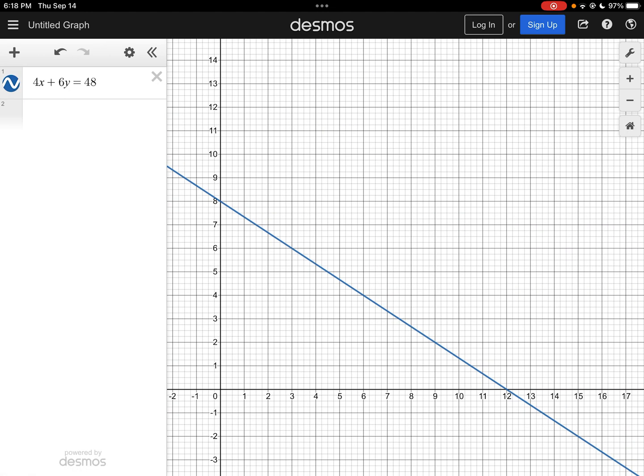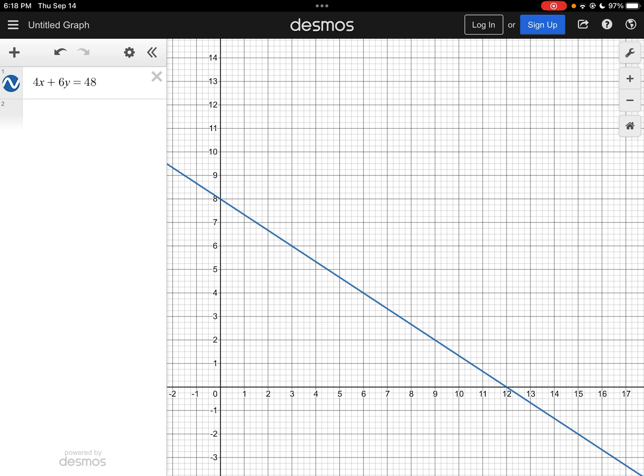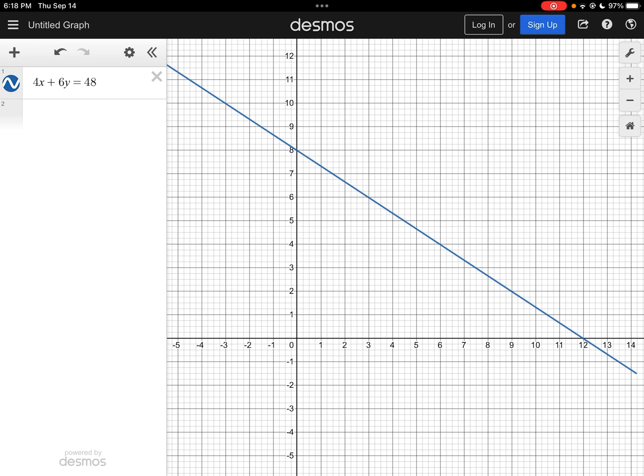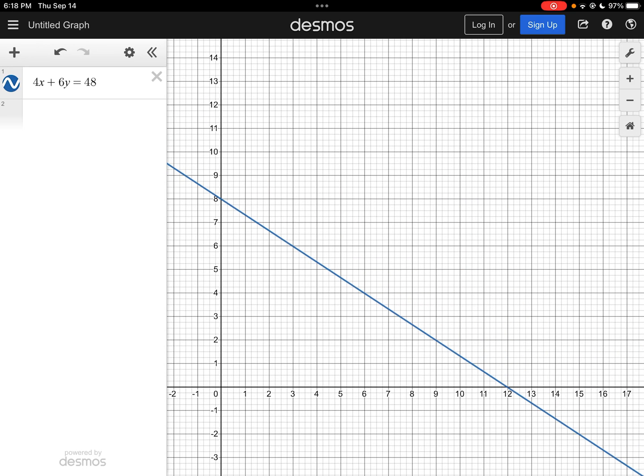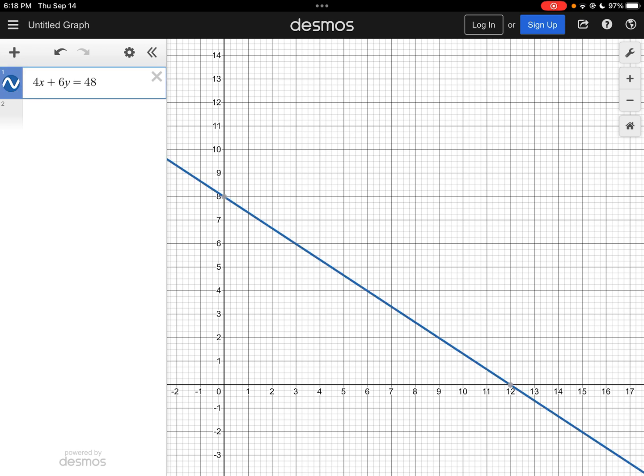So what I'm going to do is pull this down. Now, I do see I've got some points in here I can use. Let me pull that up to where the home was again. And what happens is I can definitely see 0, 8 is an answer. I can definitely see 12, 0 as an answer. And I want 3 answers.